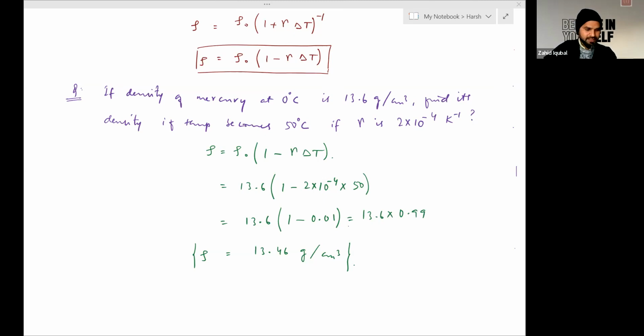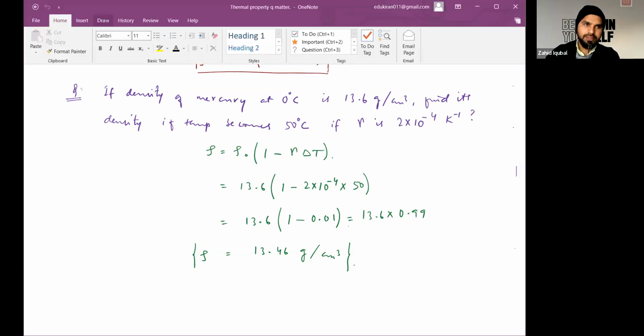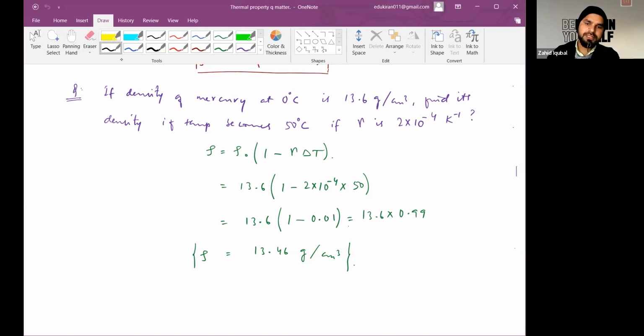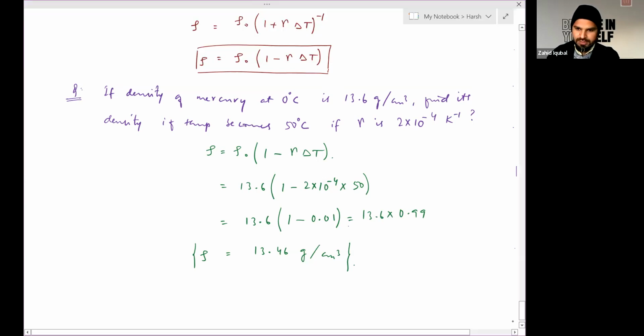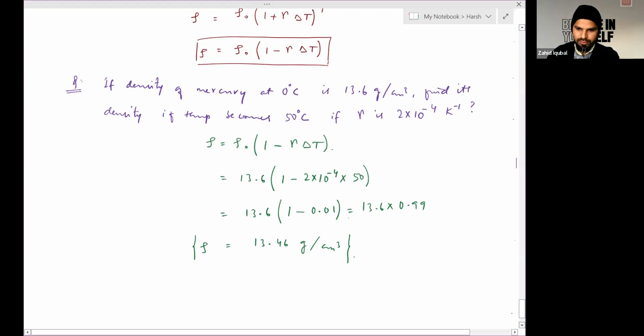Last class I defined you all different expansion relations and how temperature will affect the density of a particular substance. Now on this basis, let me define you one more concept.